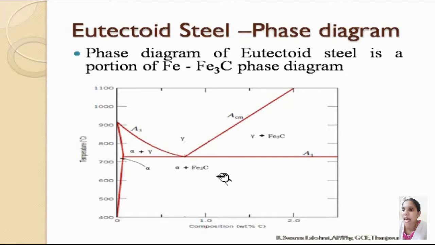So you can see the stark difference in the composition of carbon in iron. To achieve this difference, there should be diffusion of carbon atoms. So during the eutectoid reaction, not only does the austenite phase transform into alpha ferrite and cementite, there is also diffusion that is happening to achieve this.